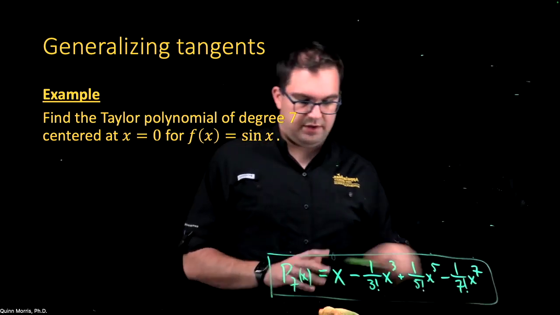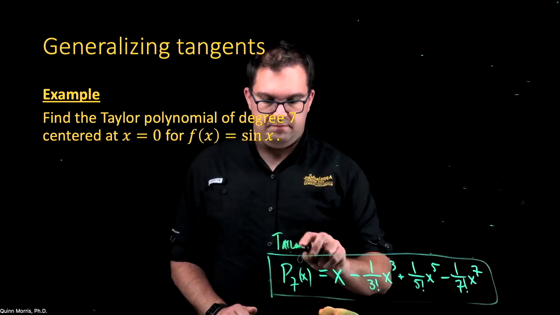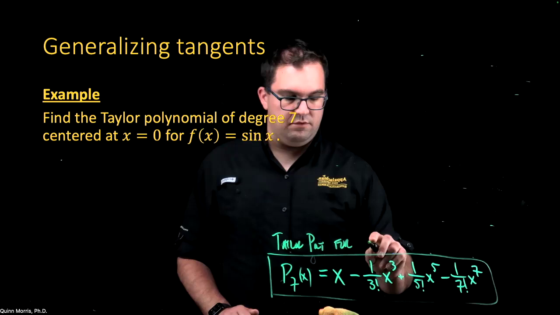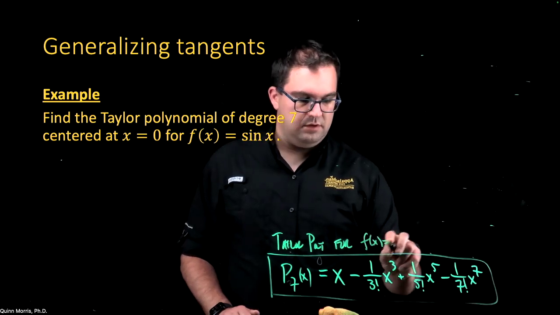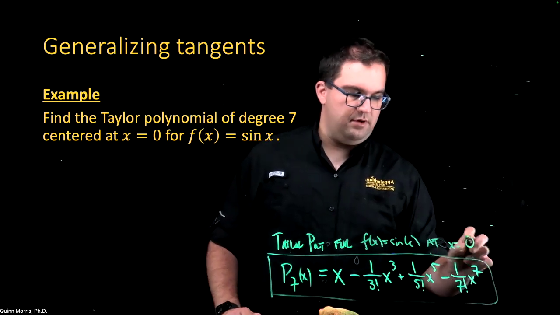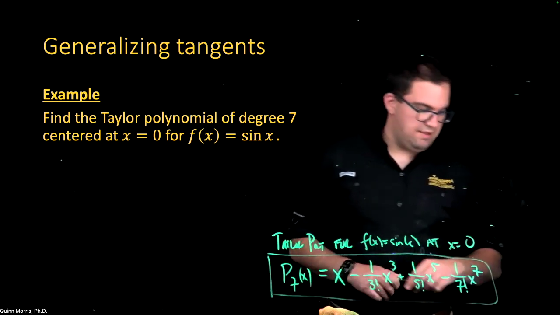So let's just make a note for ourselves, right, that this is the Taylor polynomial for f of x is sine of x centered at x is equal to 0. And I didn't write that it's degree 7, but clearly it's degree 7.